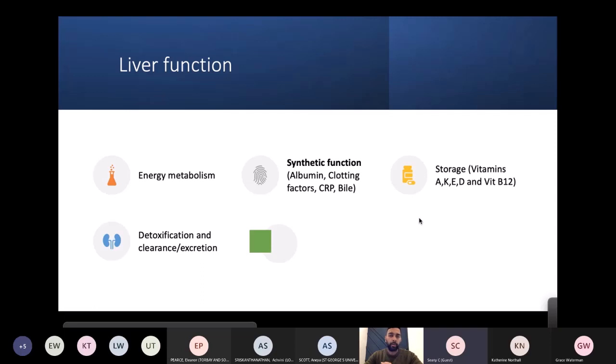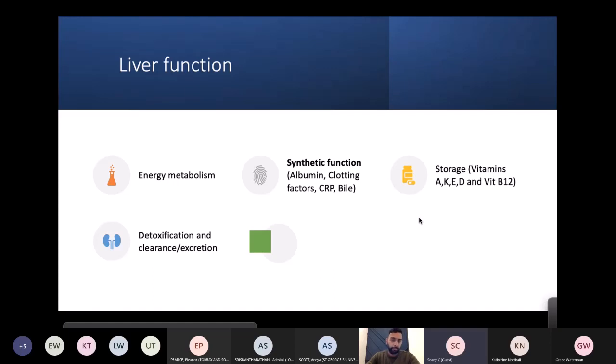When we're assessing if the liver is functioning well, despite it doing a range of things, what we actually focus on is synthetic function. The reason is that when there's liver injury, the liver has a lot of reserve, so it can still continue energy metabolism and detoxifying medications.